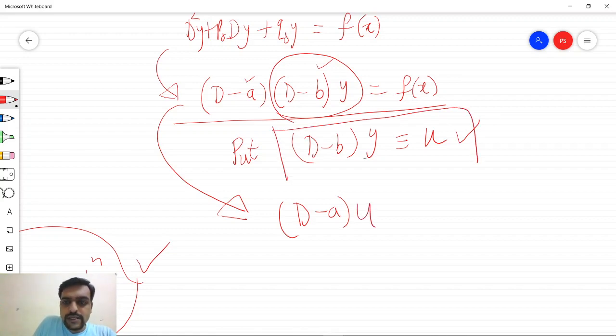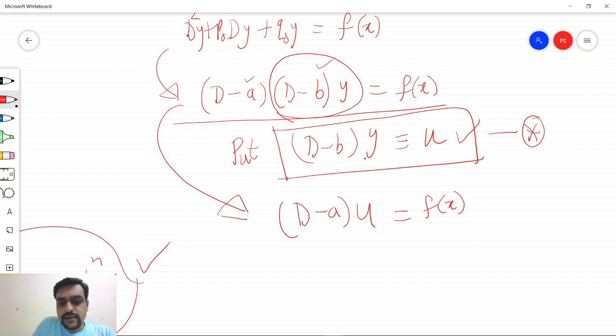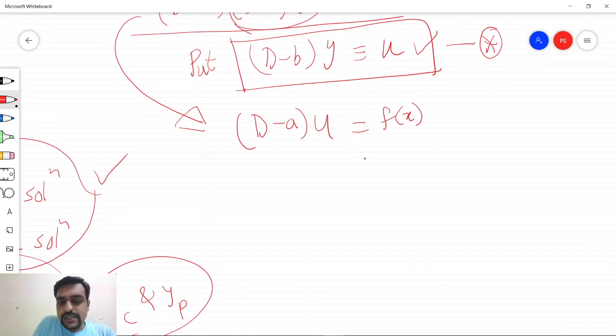We must remember this. Let us call it equation star. (D minus a) u is f of x. Now note that this D is d by dx. So I write it as du by dx minus a u is equal to f of x.